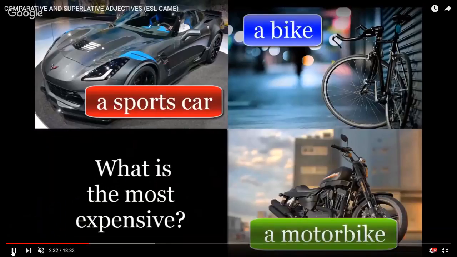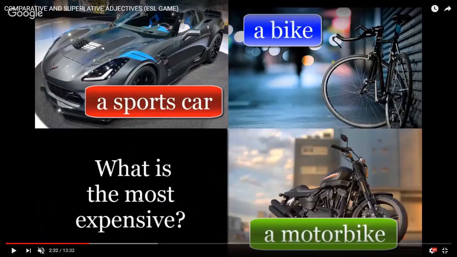Okay, this one. What is the most expensive? A sports car, a bike, or a motorbike? Basic one? A sports car is the most expensive. Okay, remember to start with the basic, no? Basic, comparative, superlative.